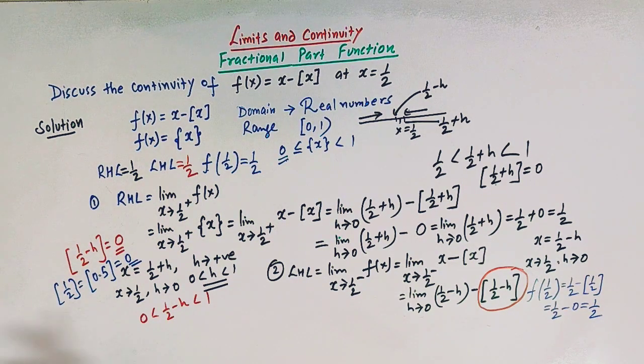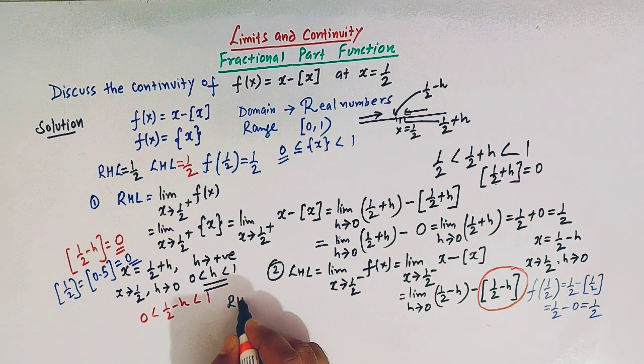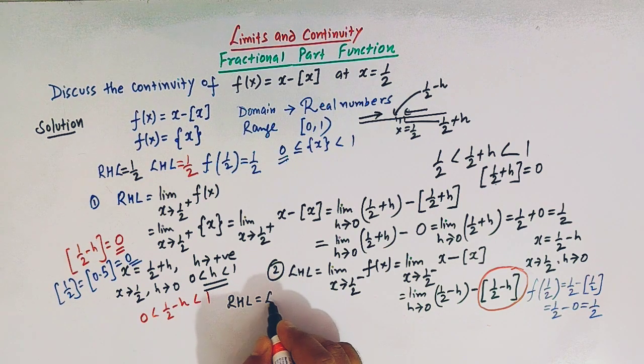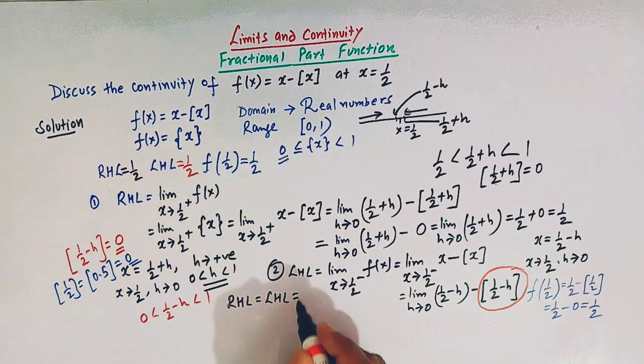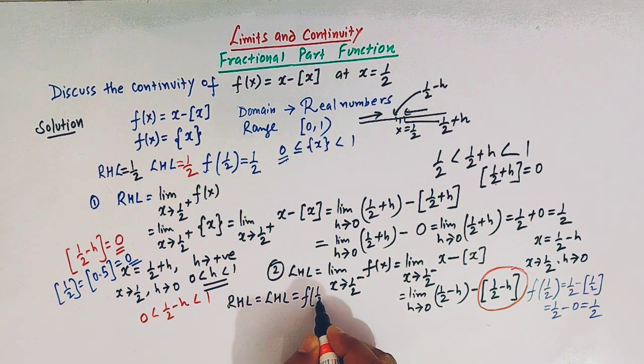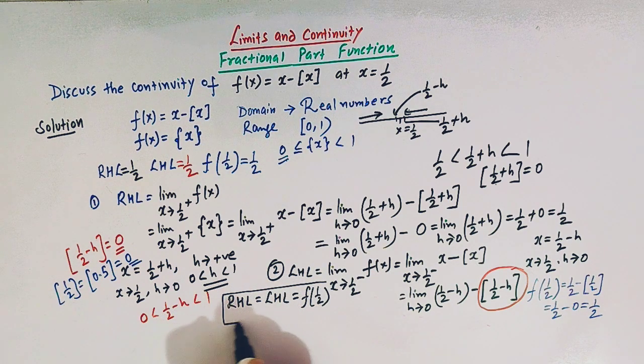So viewers, from this discussion we have reached the conclusion that the right hand limit is equal to the left hand limit, and both limits are equal to the value of the function at x equal to half. And this is the condition for continuity of a function at a given point.